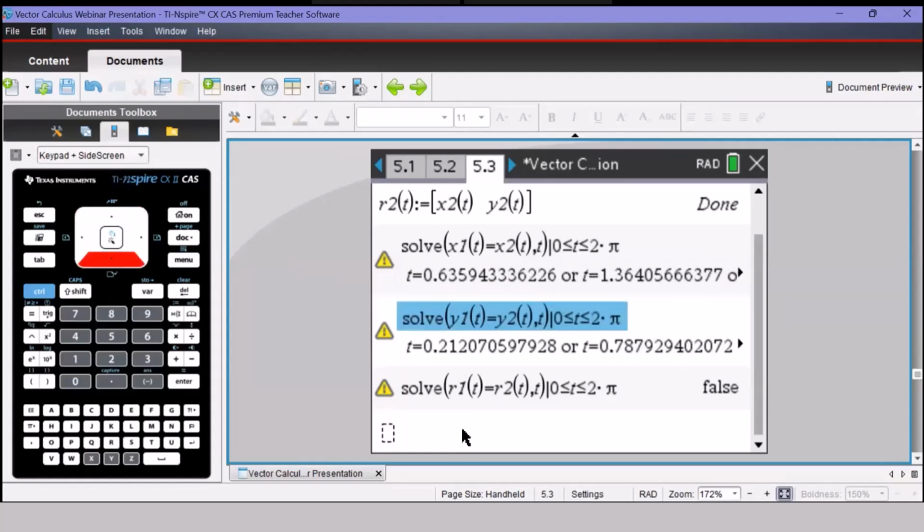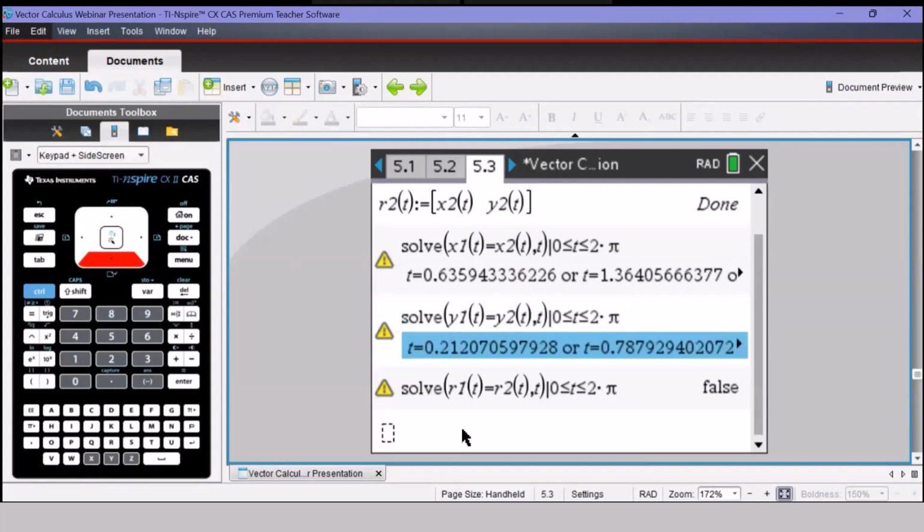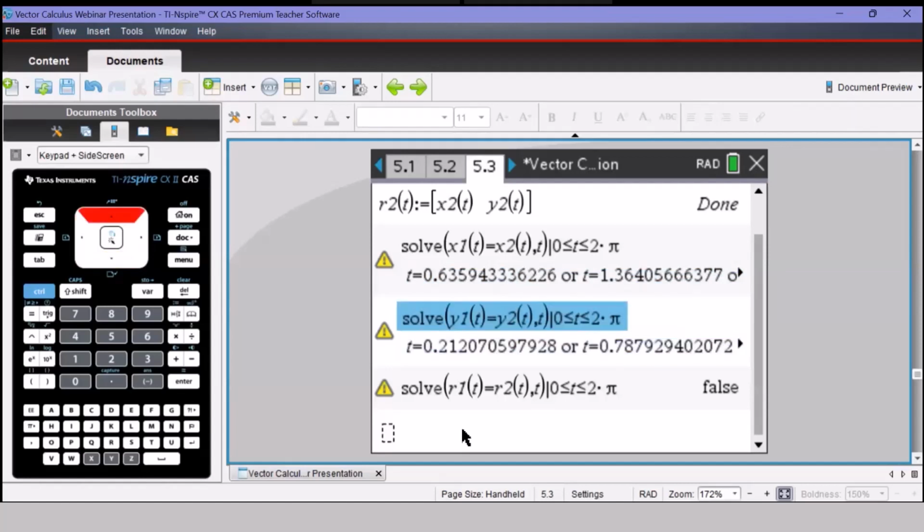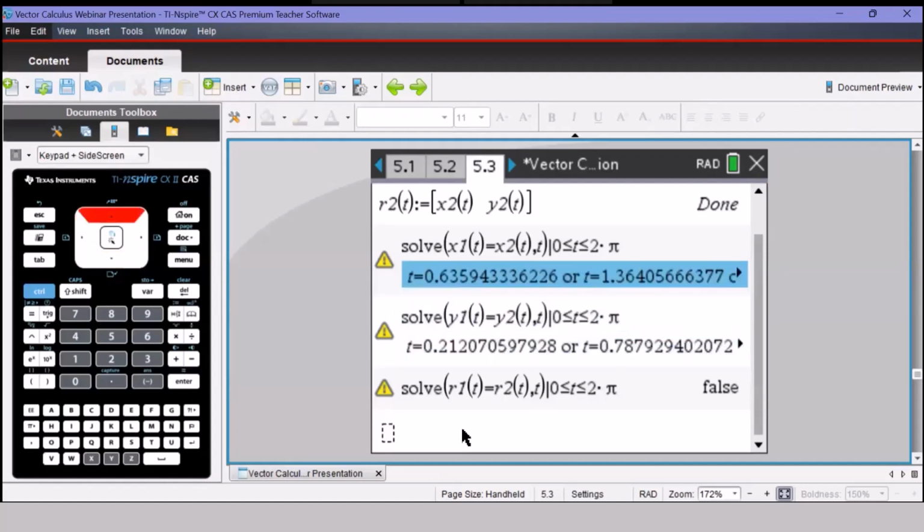We can do the corresponding solving, setting y1 of t and y2 of t equal to each other and solving for t with the restriction that t lies between 0 and 2 pi. They have the same y coordinate for particular values of t. You can note all these t values down and then compare them. What you'll find is that there are no common t values in these two solution sets.